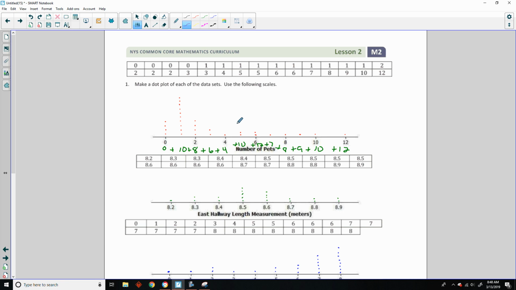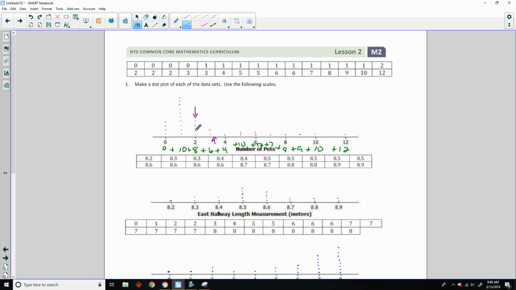So if we come up and now we want to focus on the dot plot. So if I took the average, which was 3.2, that is right about here. The median is right here. Okay, so which one would be a better representation of how many pets students had? And since the median is less than the mean because more of the data is located on the left side, the median is less than the mean because more of the data is over here.